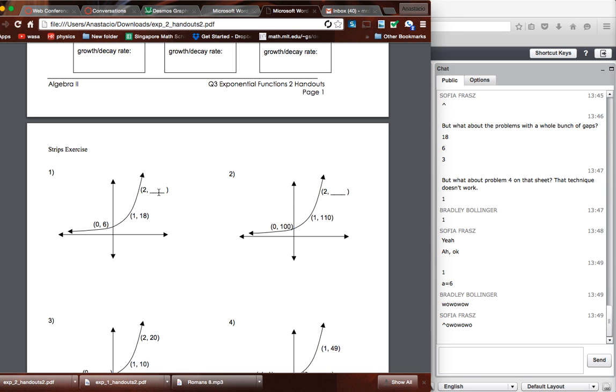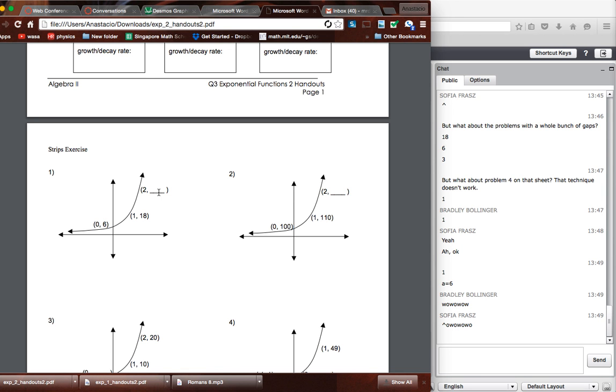If it's a decay rate, you're talking about a fraction for your r. Or is it a negative? No, it's a fraction for your r. And then you also need to adjust to show you exactly what your a value is.